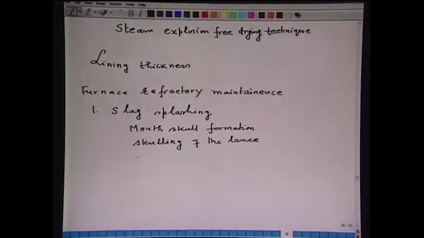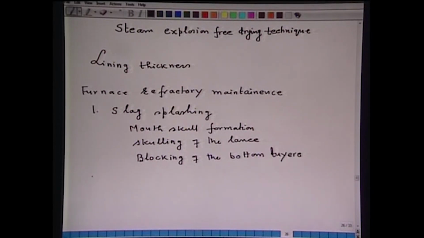So, if you use the slag for splashing, then one must take sufficient care so that the slag does not block the bottom tuyeres. So, the third issue could be that blocking of the bottom tuyeres should be avoided. So, this is in short about slag splashing.